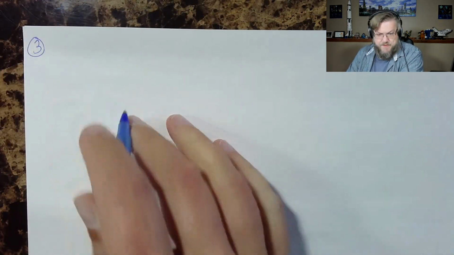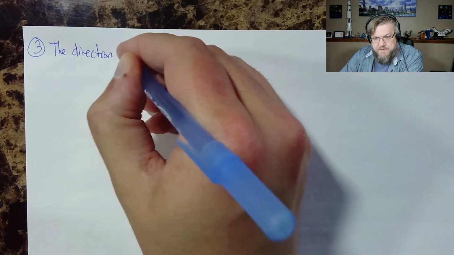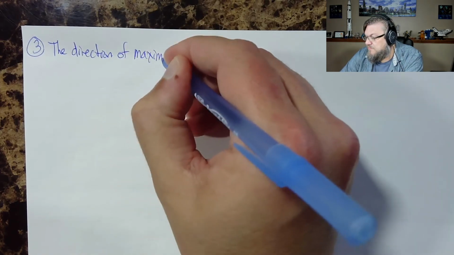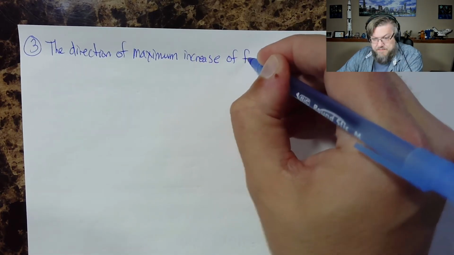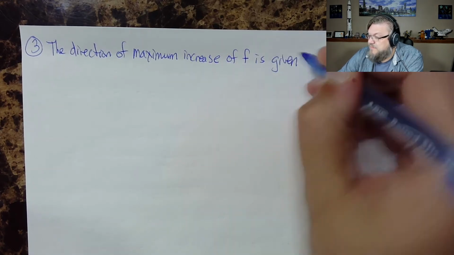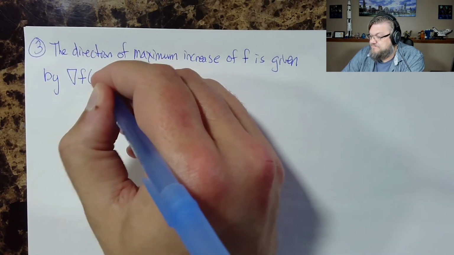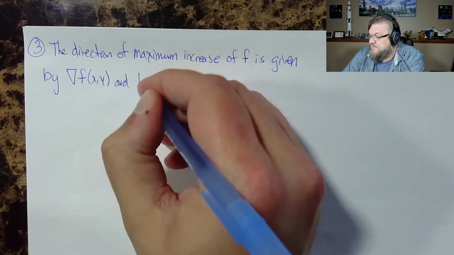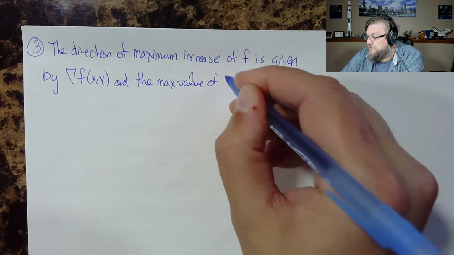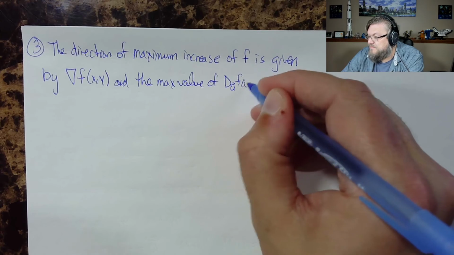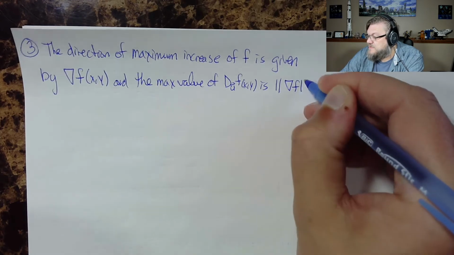So property 3. The direction of maximum increase of a surface F is given by del F. And the maximum value of the directional derivative of F is equal to the magnitude of the gradient.